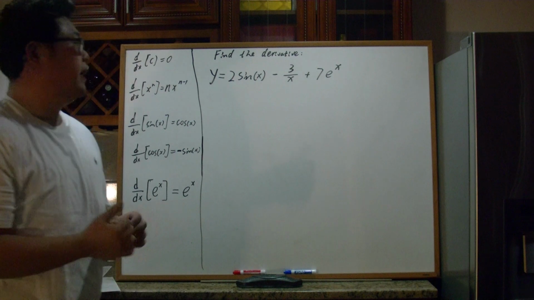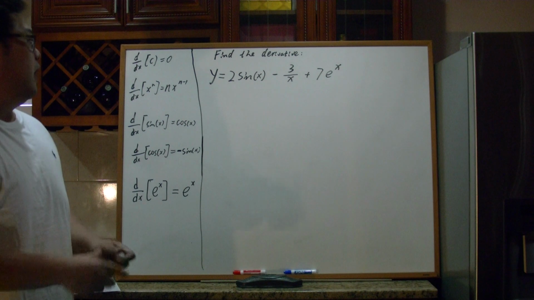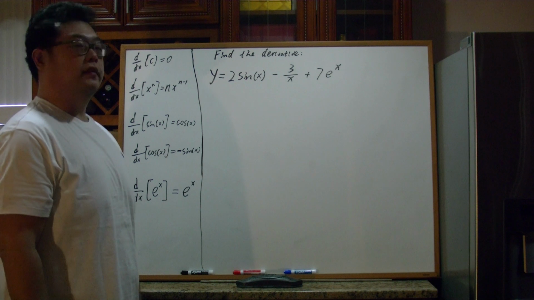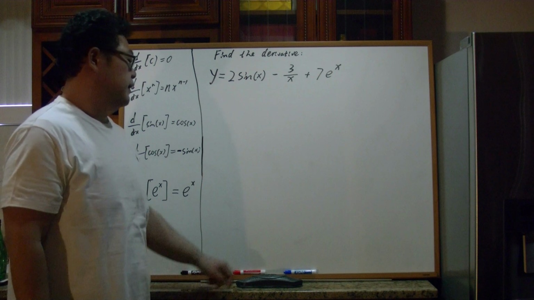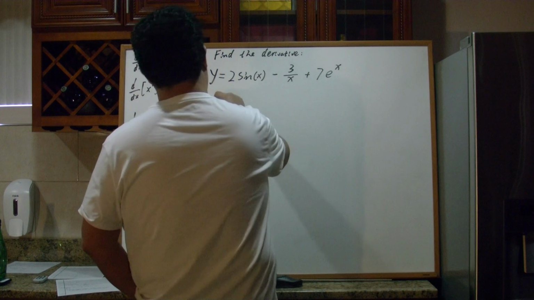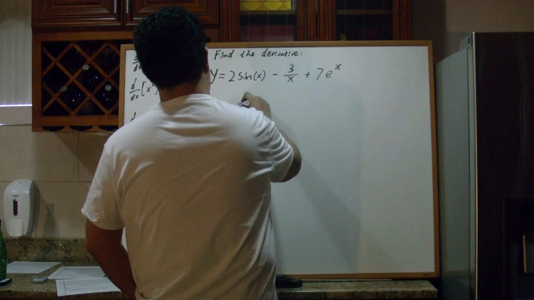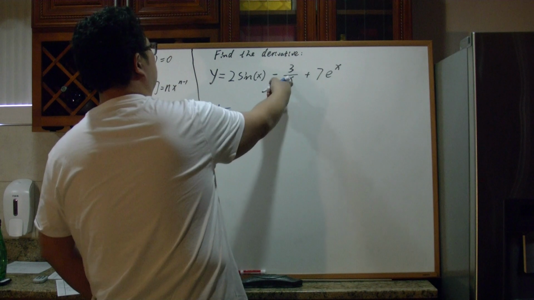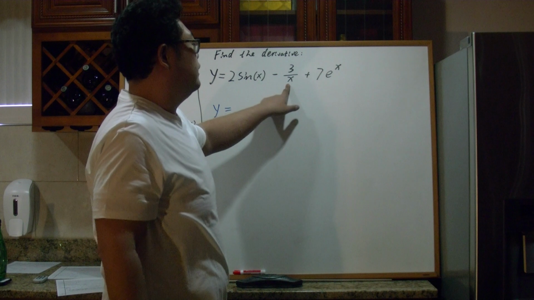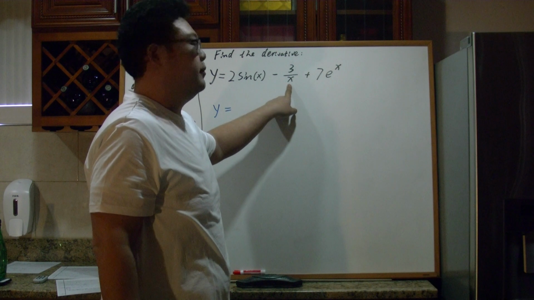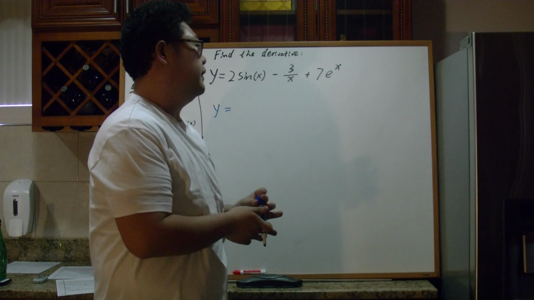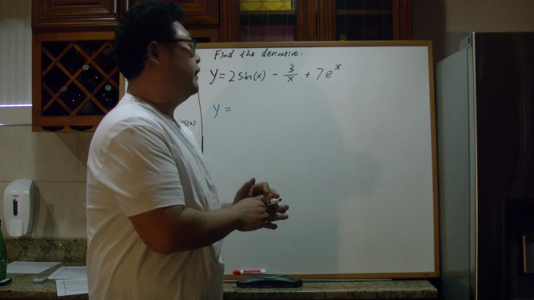And similarly, we get a function y equals 2 sine x minus 3 over x plus 7 e to the x. We again need to simplify or transform the second term, since that is a rational expression with x on the bottom, so we need to flip it to x to the negative 1.